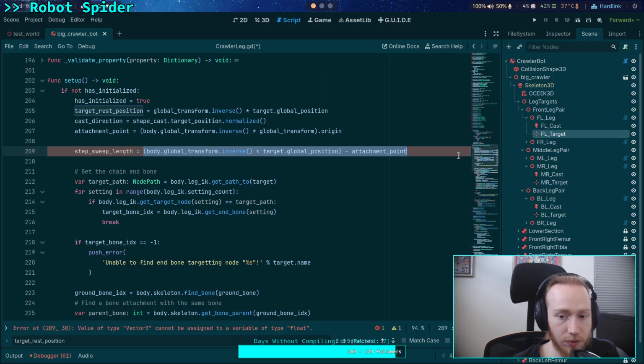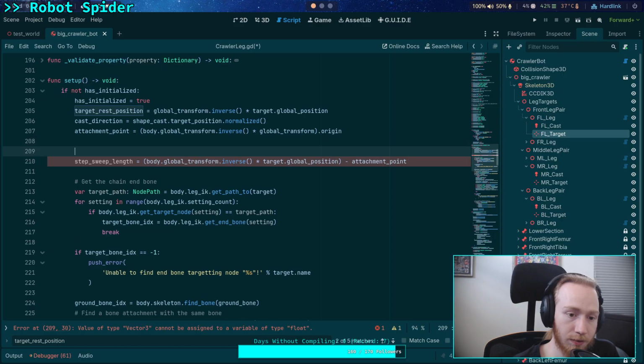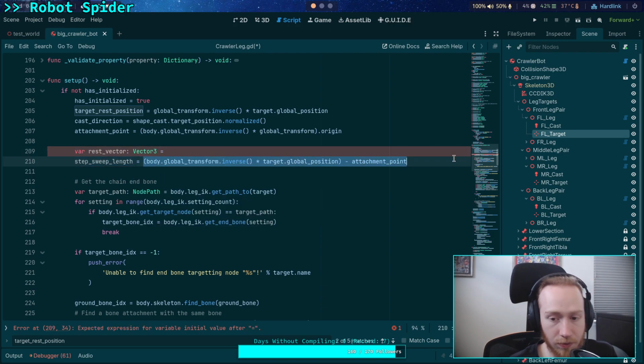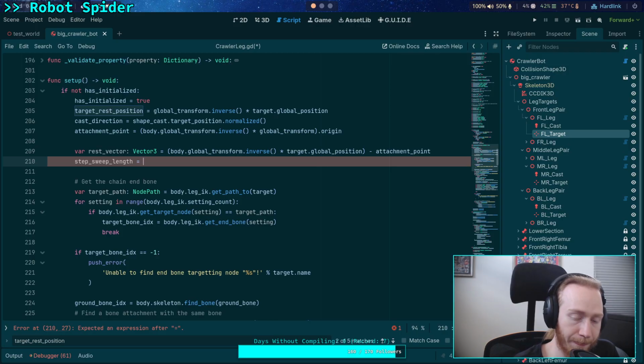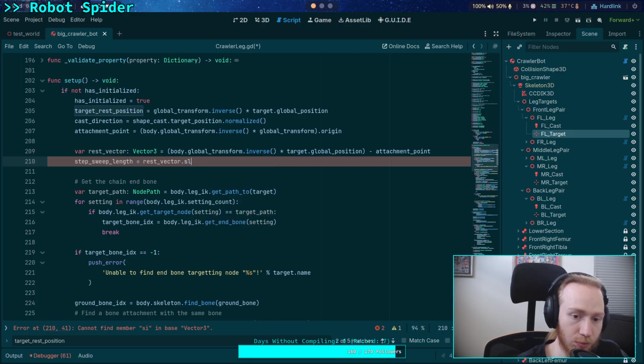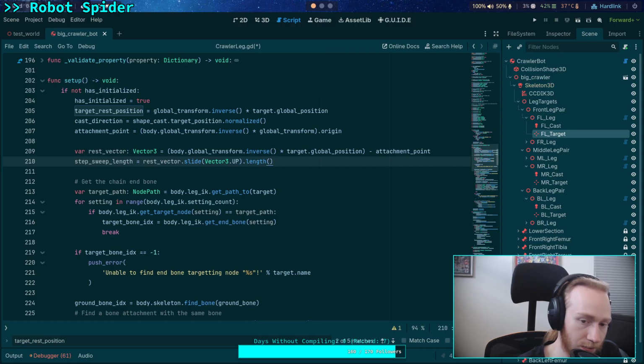And then I need to slide out the up, and I take the length of that. So this is the radius.